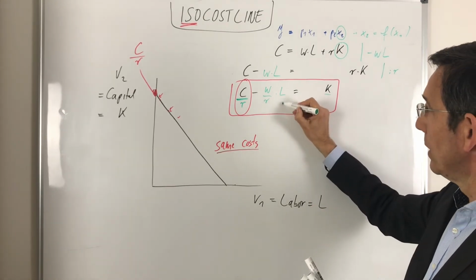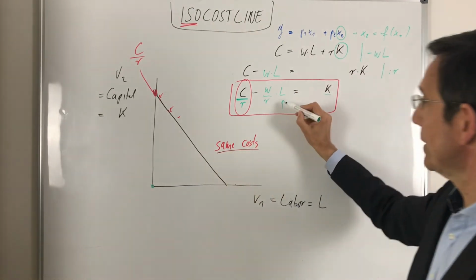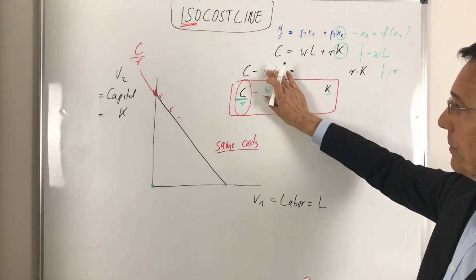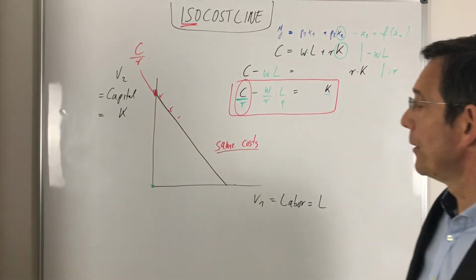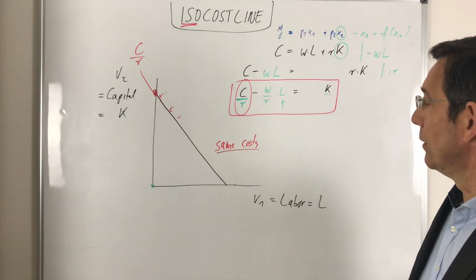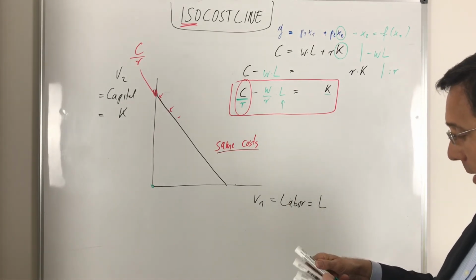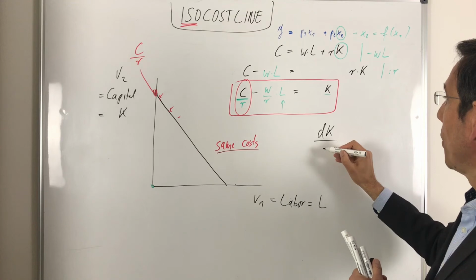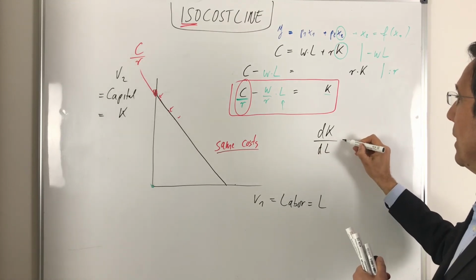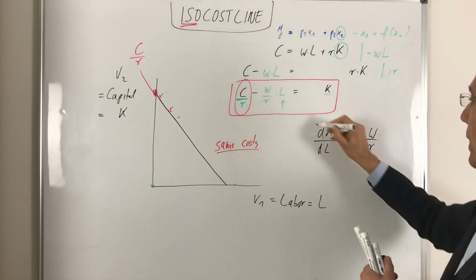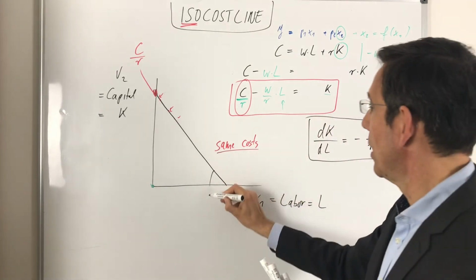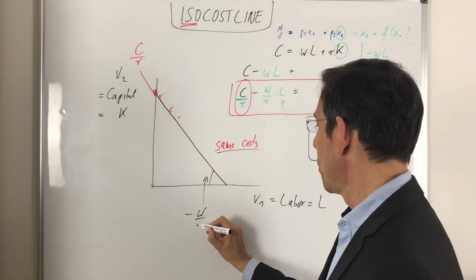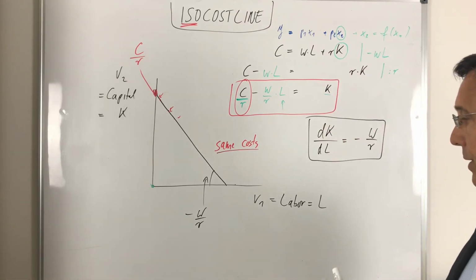Well, if L is 0, then wage over R times 0 disappears and only C over R remains on the vertical axis. And if we derive this function with respect to L, the slope of the isocost line is minus wage over interest rate.